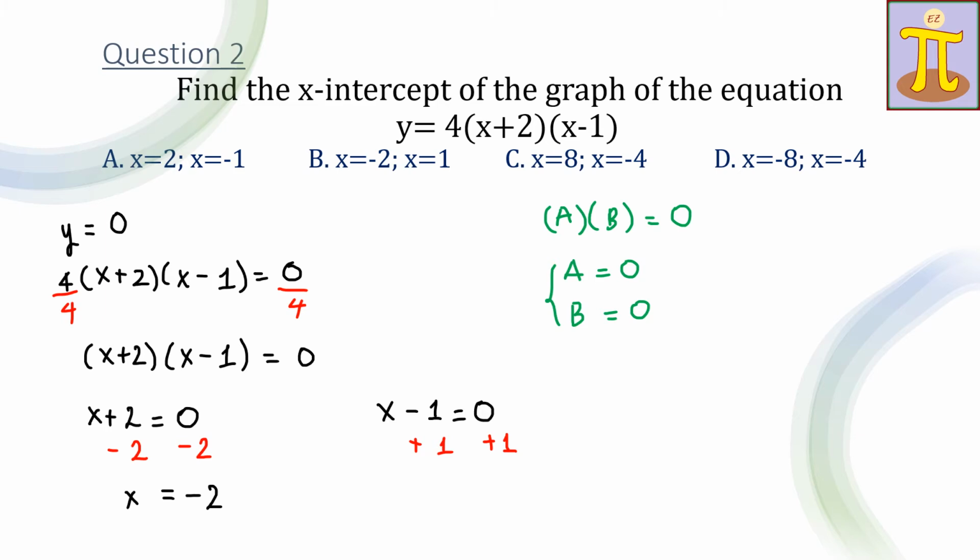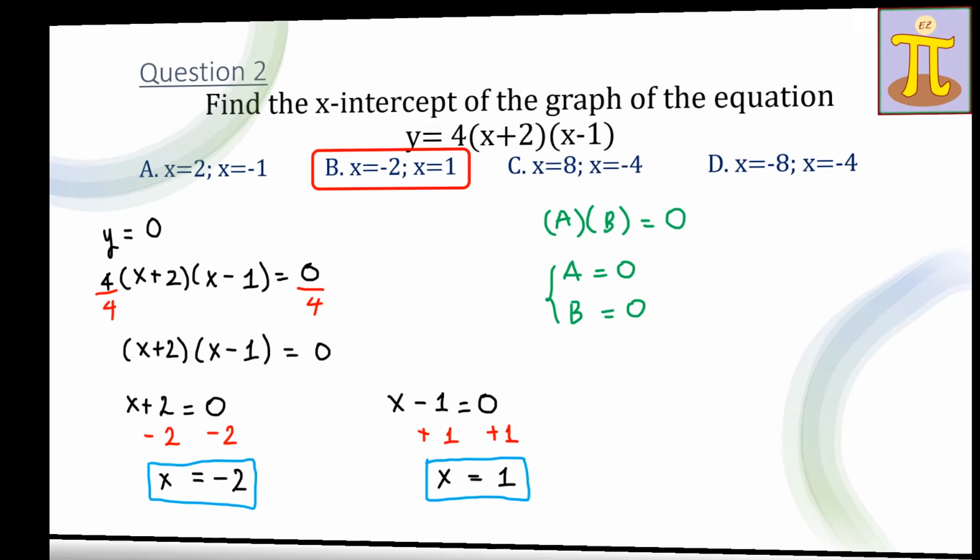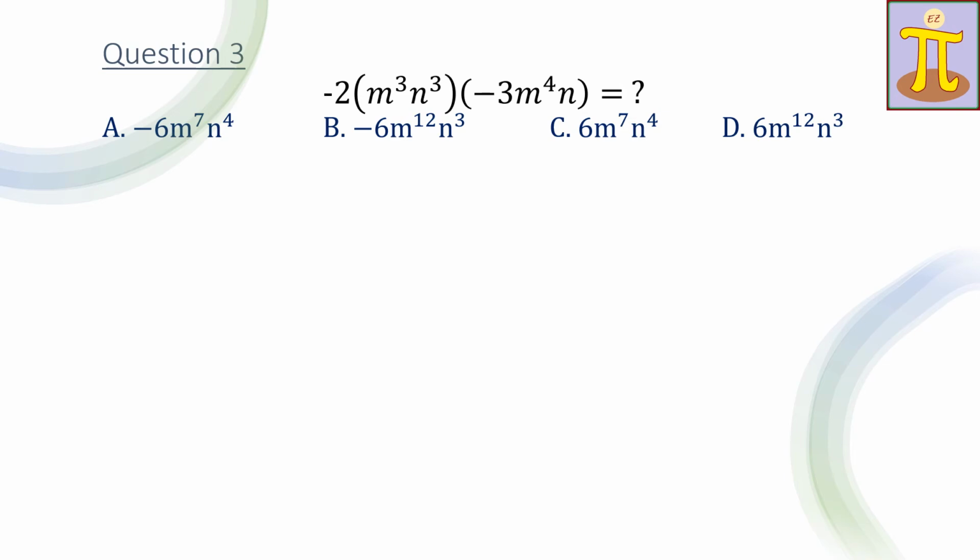This will be x on the left side and 1 on the right side, and that is our answer. x equals 1 and x equals negative 2. Next question.